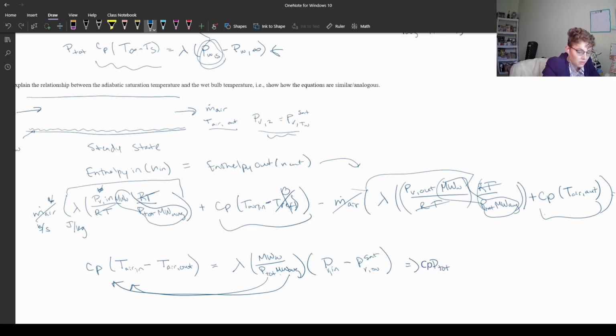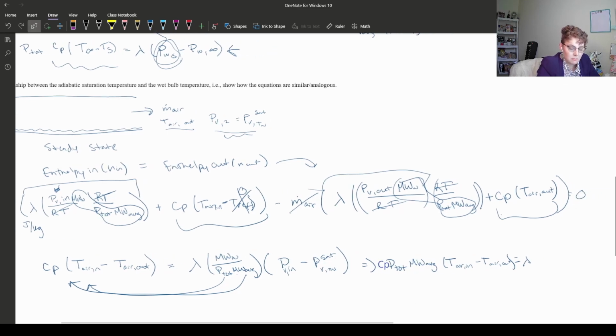We have P total times the average molecular weight times the differences in temperature, and that is equal to the heat of vaporization times the molecular weight of the water vapor times the difference in the pressures going in and out.